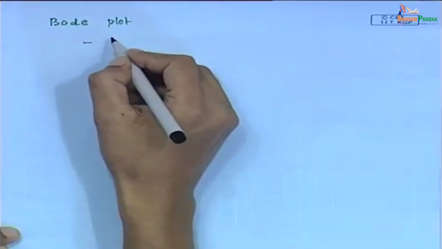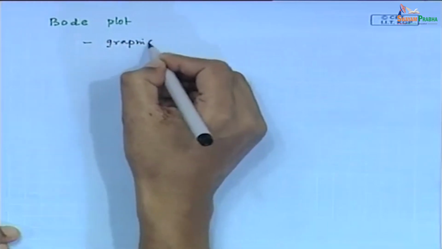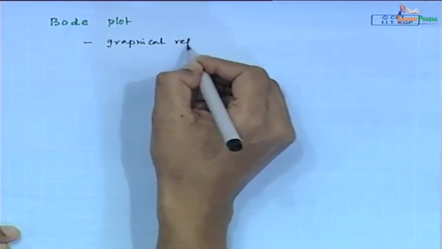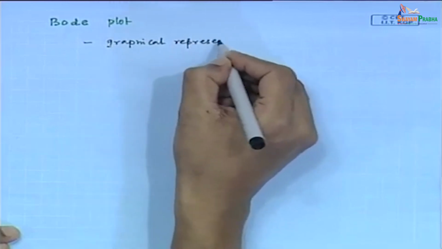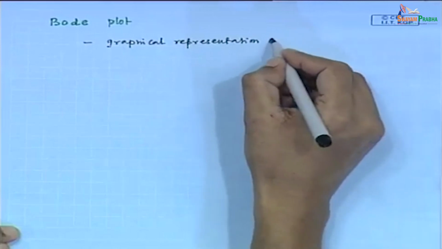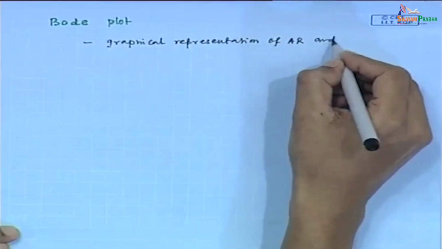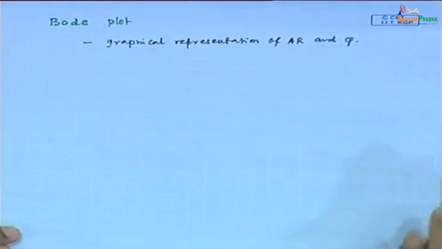Bode plot is a common graphical representation of amplitude ratio and phase angle.